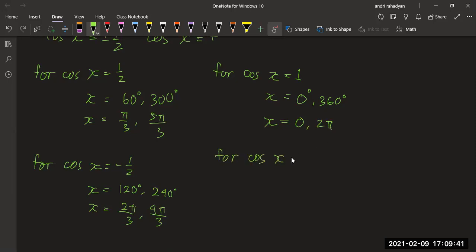For cosine of x equals negative 1, x equals 180 degrees, or x equals pi.